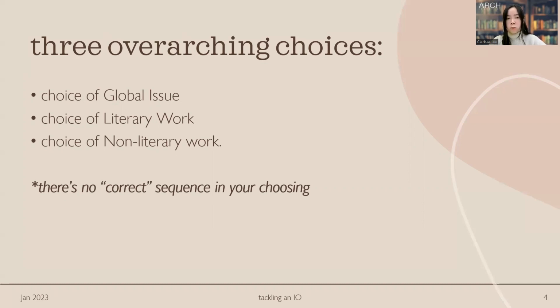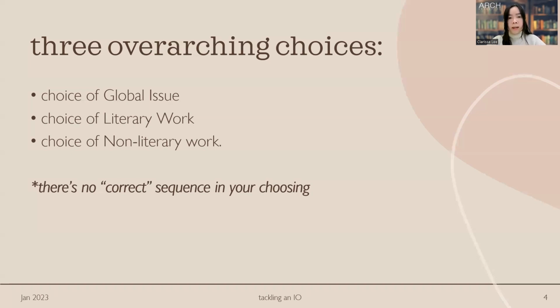If you're drawn to one of the global issues that we will be looking at in a little while, if you feel like there's something in this issue that especially impacts you, or it's something you want to explore, or something that you've run into yourself in daily life, then it's okay to start with the global issue and then see what works you want to choose to exemplify or explore the issue that you want to talk about.